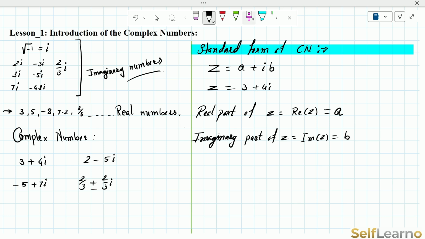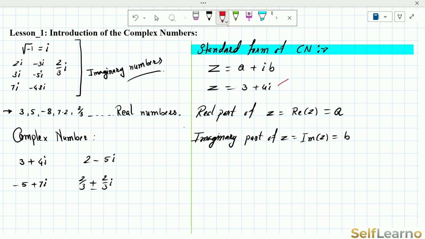Now please be very cautious over here. This coefficient of i is considered as the imaginary part of z. In the imaginary part, we do not include this i. The coefficient of i is considered as the imaginary part.